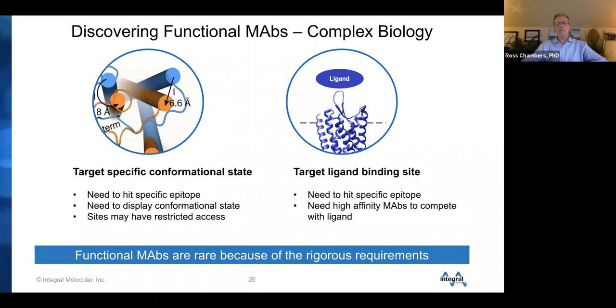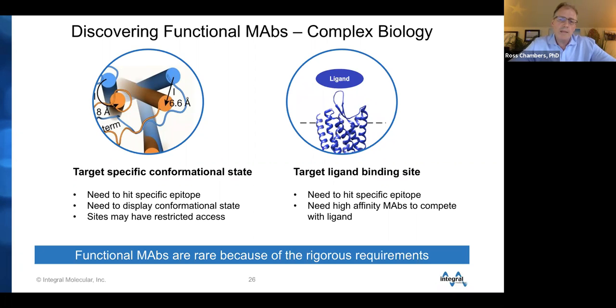So the programs that we work on, a lot of functional programs here for these multipass membrane proteins, and you can divide these into two different mechanisms. Functional MAbs are rare because of these rigorous requirements to generate functional antibodies.